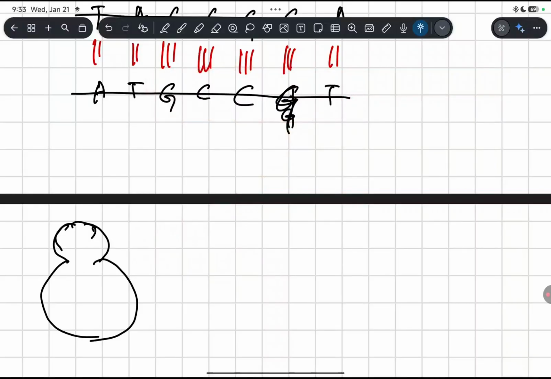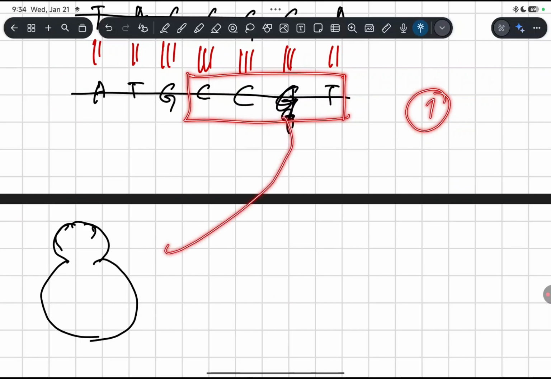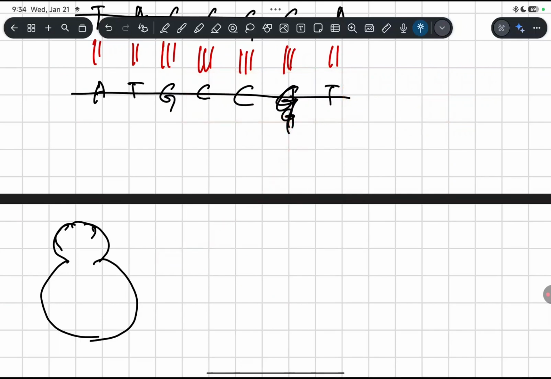For example, suppose DNA wants to make an enzyme 1. So maybe it will clip this portion and send it to the ribosome. The ribosome can only read a single stranded DNA.